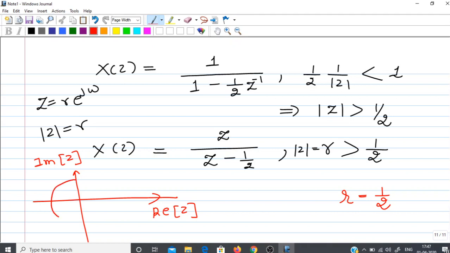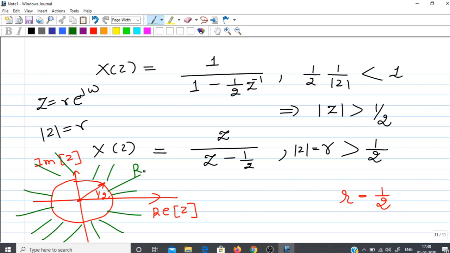So I draw this circle with a radius of half, not 1. Now greater than half means the exterior of this circle, so I draw the exterior of this circle with the green color. So this green region, which is outside this red circle, would be our ROC.